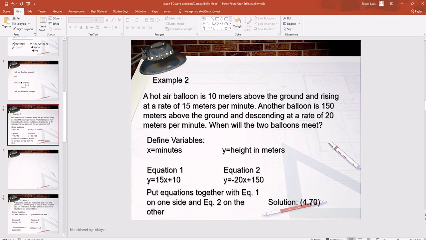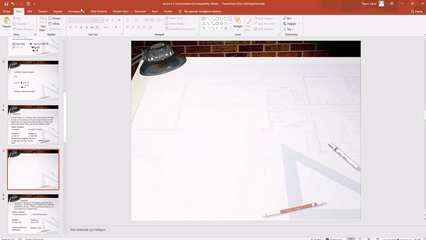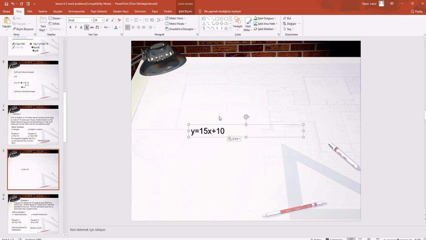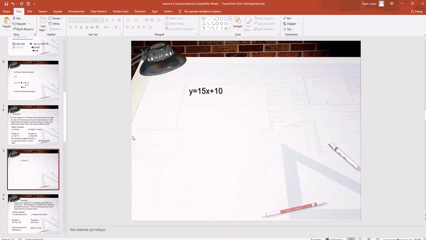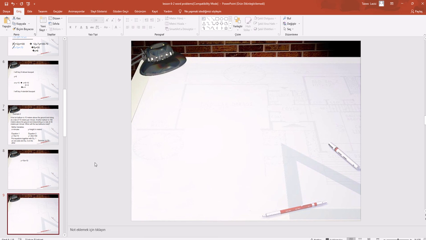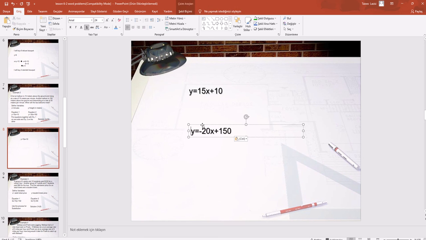Now I'm going to solve these two equations here. This is the first one, and this is the second one. These are the two equations here.